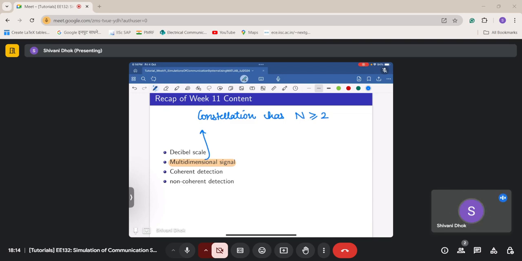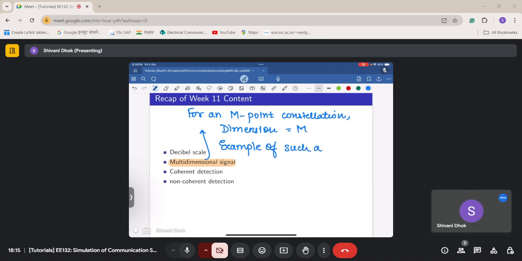To understand this with an example, for an M-point constellation the dimension is M, and an example of such a constellation is orthogonal signaling.